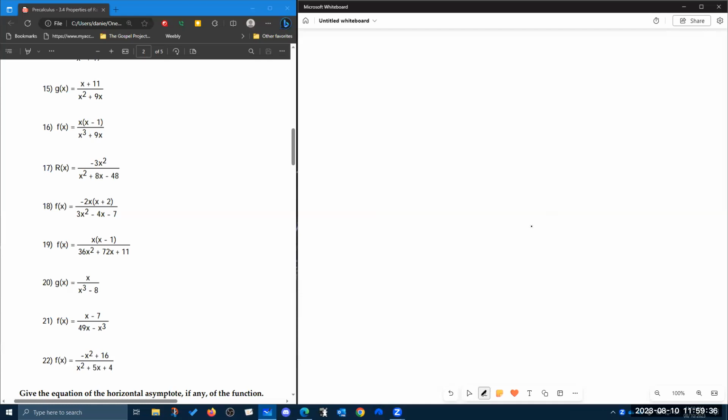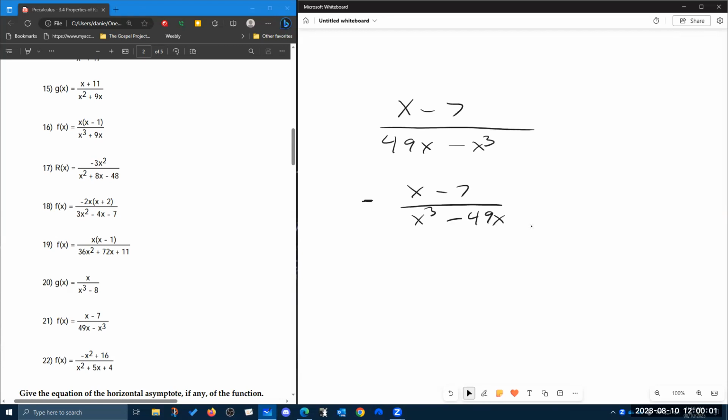Let's try number 21 now. I don't like that my x is written first here and second here, so I'm going to factor out this negative 1 before I get started. And that changes the signs of everything in the denominator. I'm just going to be clear and write it as a factor in the numerator.